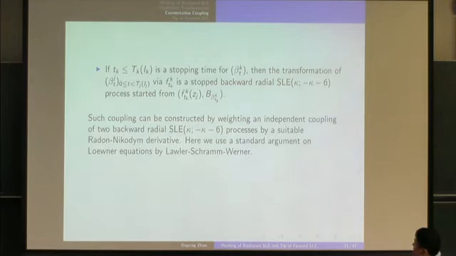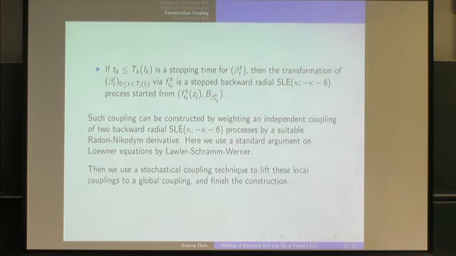Such coupling can be constructed by weighting an independent coupling of two backward radial SLE kappa minus 6 processes by a suitable Radon-Nikodym derivative. Here we use a standard argument on Loewner equation by Lawler, Schramm, and Werner. Then we use a stochastic coupling technique to lift these local couplings to global coupling and finish the construction.